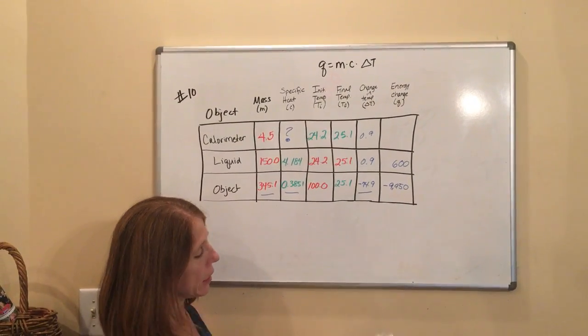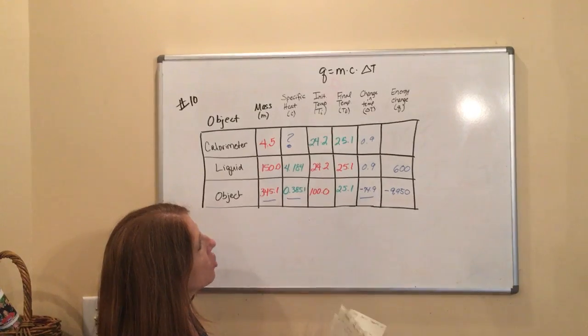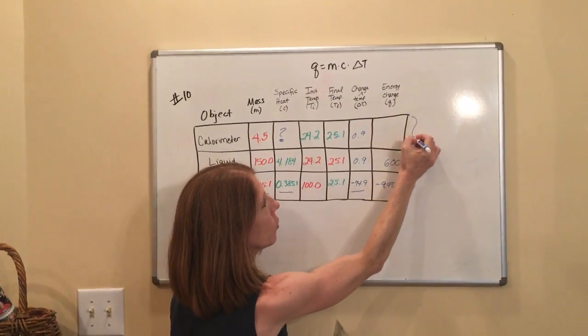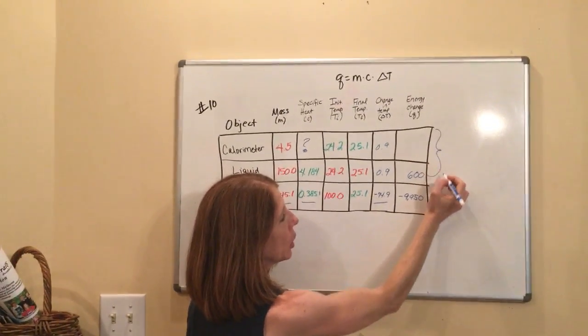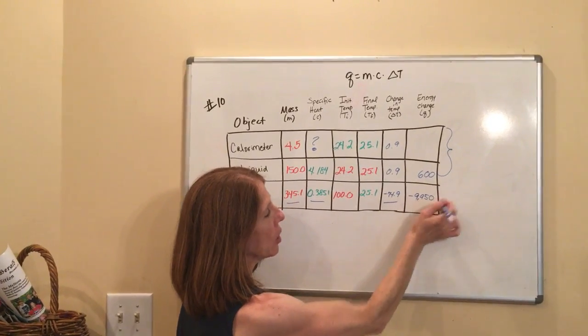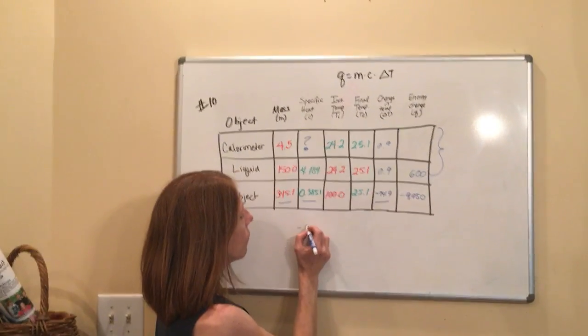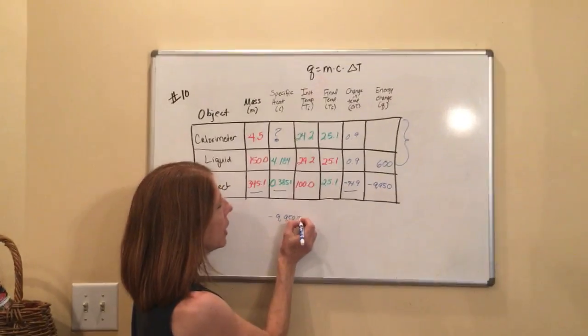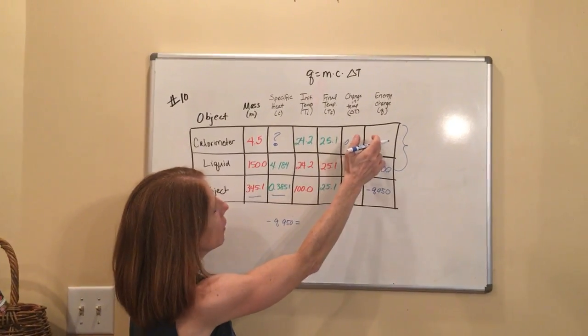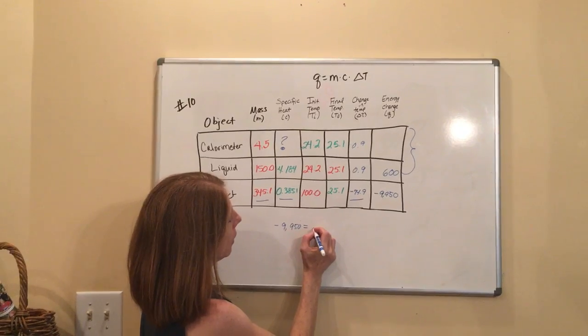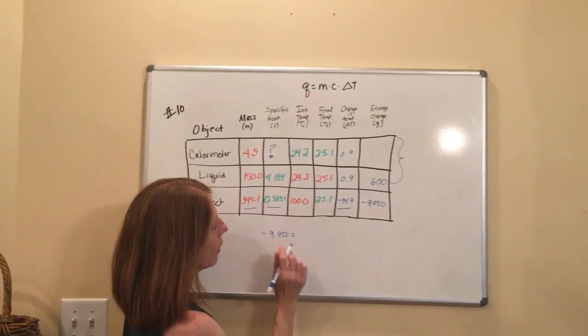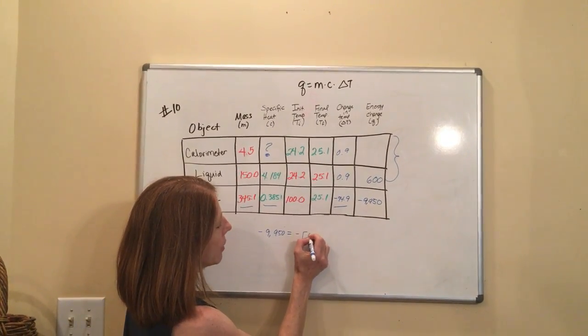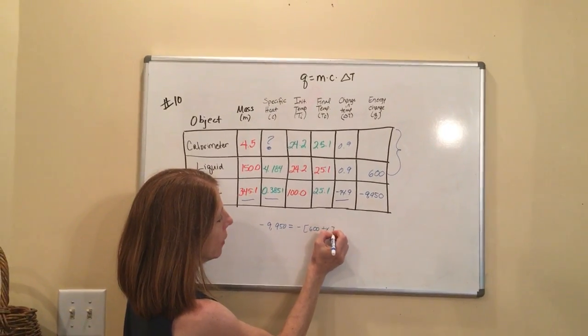Now, the other thing that you need to know, and that you should have read in the book, is that the change in energy of these two together will equal the opposite of the change in this one. So negative 9,950 equals this one plus this one, the opposite of that. So the opposite of 600 plus x.